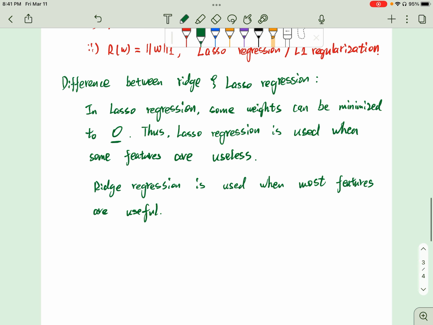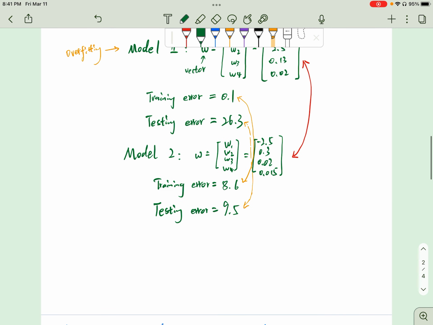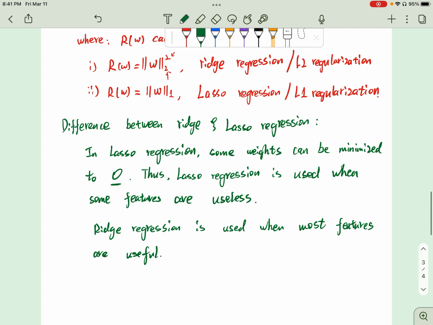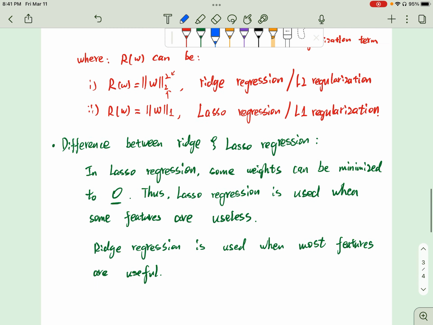It also means that all those weights will not go to 0. They will only go very close to 0, like 0.0001, but they will never take the value 0. So these are two differences between ridge regression and lasso regression. I think this is important to you.